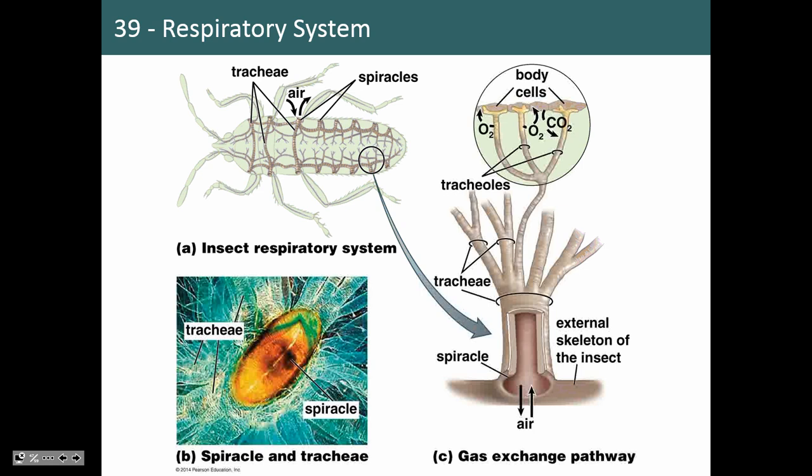And all of these tubes are respiratory tubes. There's an opening on the surface of the animal's body that goes into this tube and out down all of these smaller trachea and tracheoles directly out to body cells.